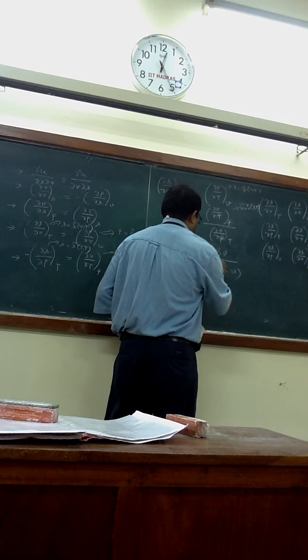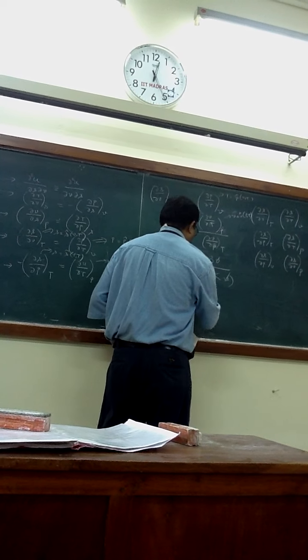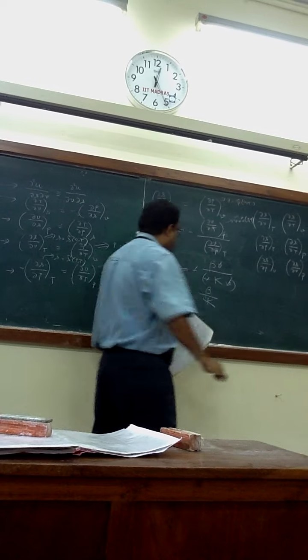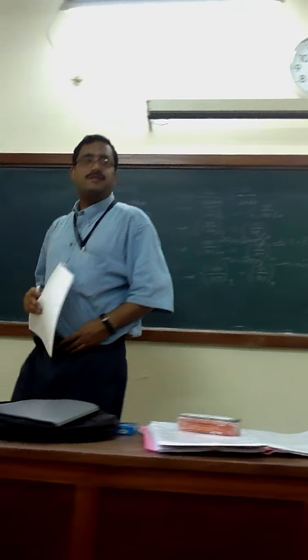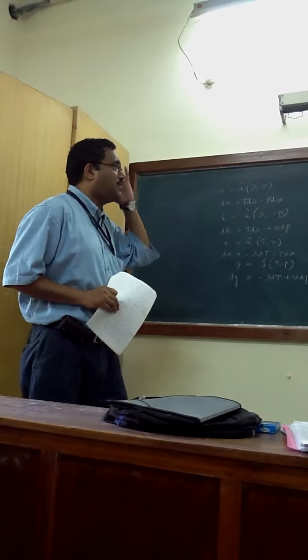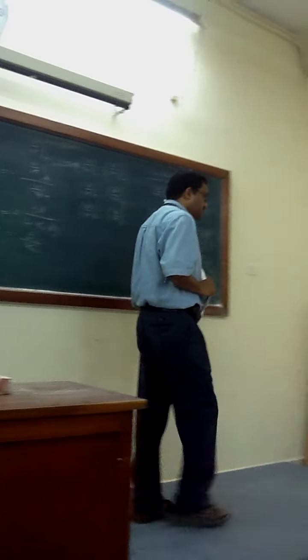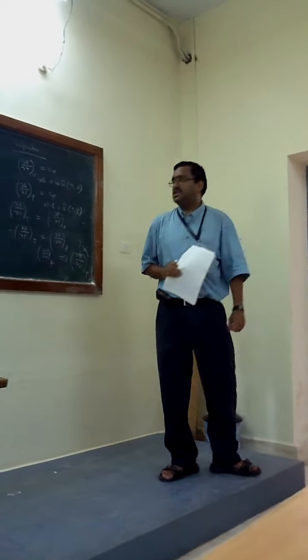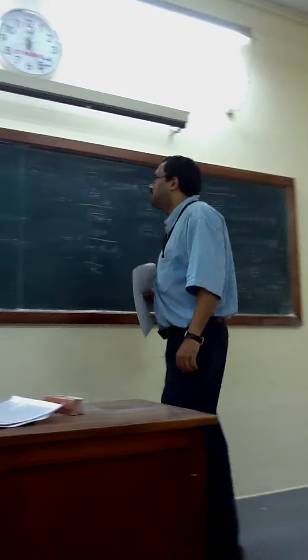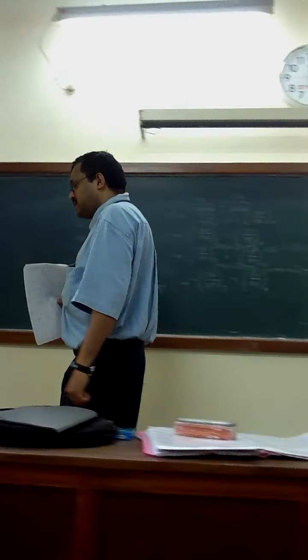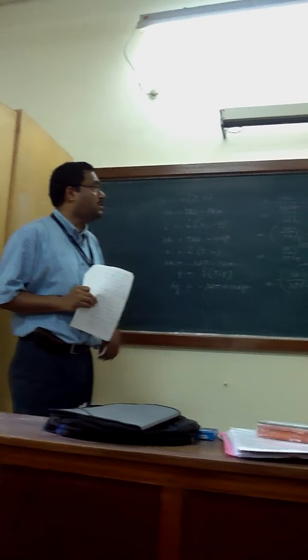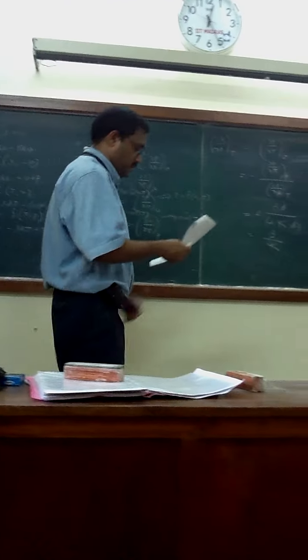So minus minus plus, and the V by V cancels, giving β by κ. That means we know that this is a function of volume and temperature, and if we know the ratio of the volume expansion coefficient and the isothermal compressibility, it is possible to get the rate of change of entropy with respect to volume at fixed temperature.